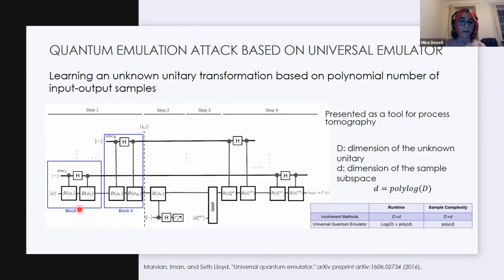First of all, you use the input samples, and you create this controlled reflection gate, which I will talk about a bit more in the next slide. By repeating this in blocks, you project your state into the subspace of your sample while encoding this information in the ancilla state.